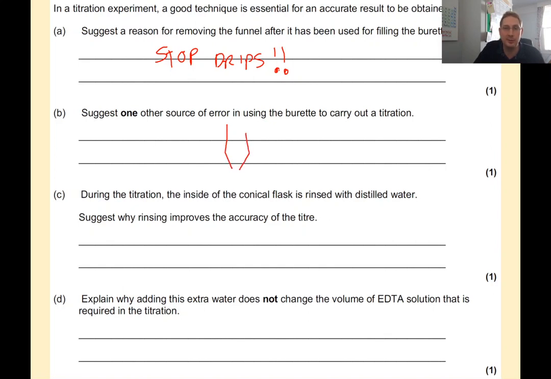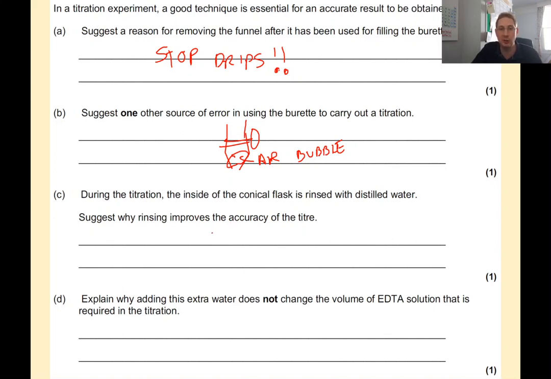Well, an obvious one, and the one that they're interested in here, is if there's an air bubble in the jet of the burette. No, sorry, that's a terrible drawing. That's my tap. If there's an air bubble that is dislodged during the practical, then that again is going to affect your results.